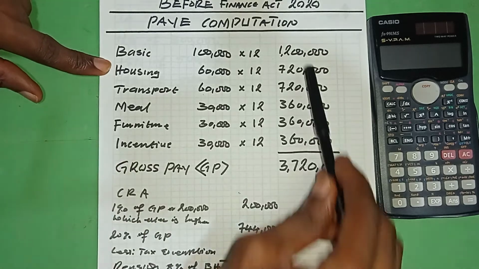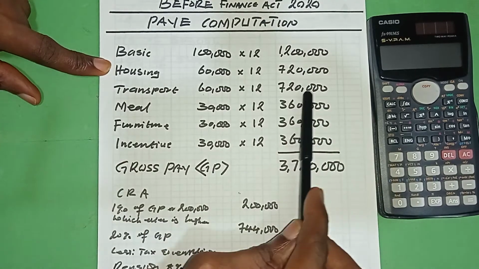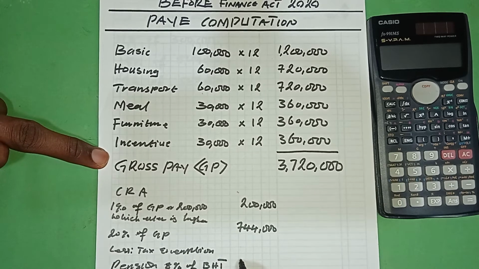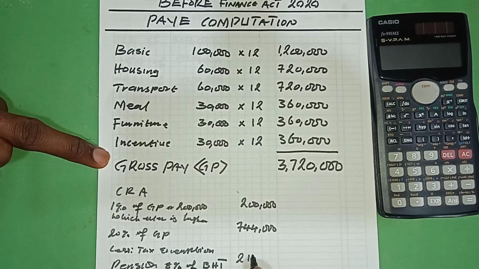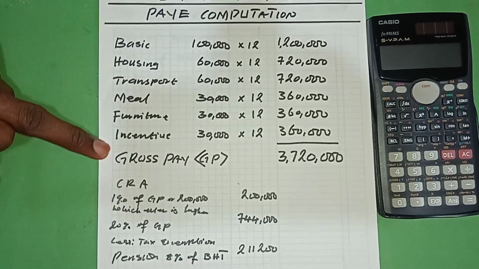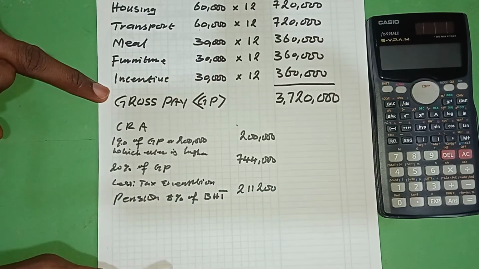So when you add these figures together, times 8 divided by 100, it will give you 211,200. Confirm this figure with your calculator, please.